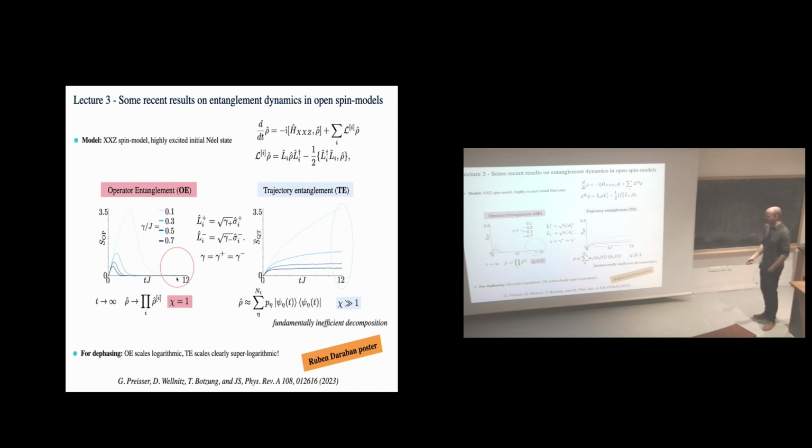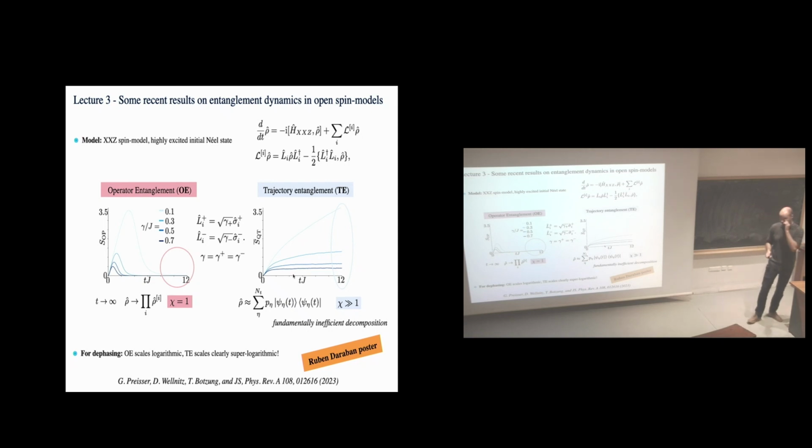But of course, it also tells you that this trajectory entanglement is not ideal, because what I had not told you yet is that the unraveling that I introduced in this lecture is of course not a unique unraveling, but there are many different ways. Because this is a density matrix, I can decompose it in many different ways, and one can also define many different kinds of stochastic evolution algorithms that give rise to the same master equation dynamics, but unravel it into different types of trajectories.